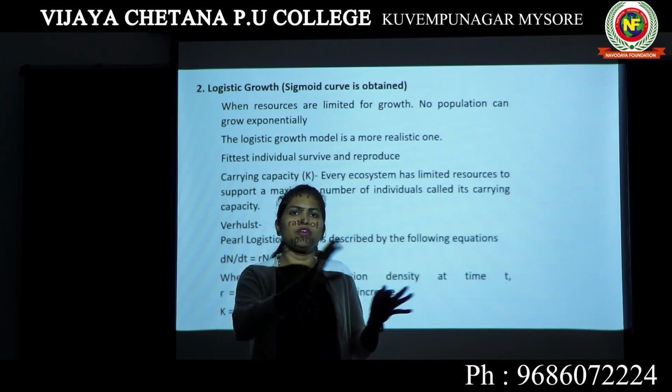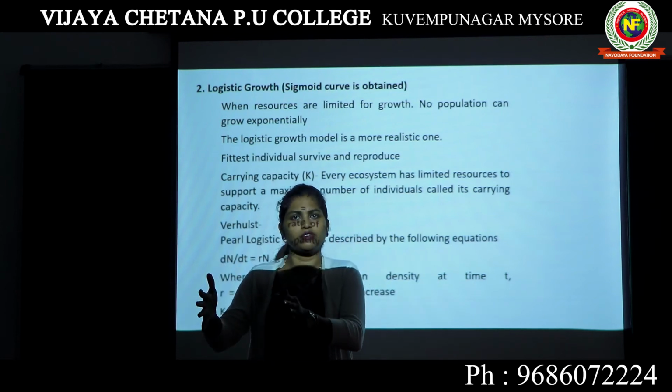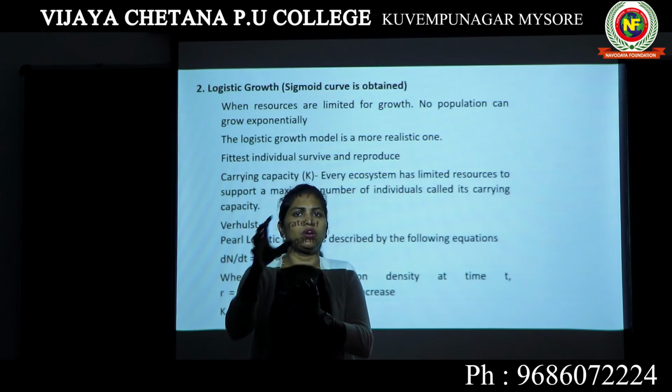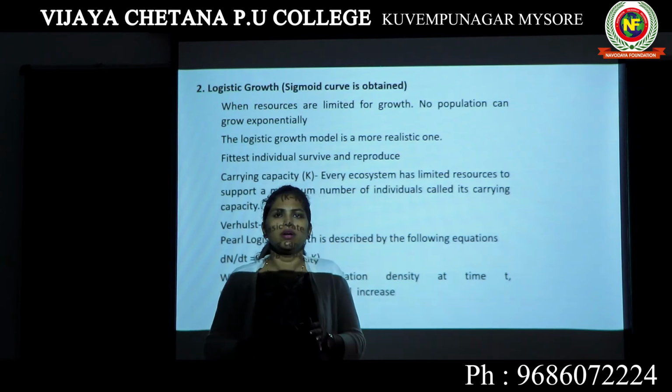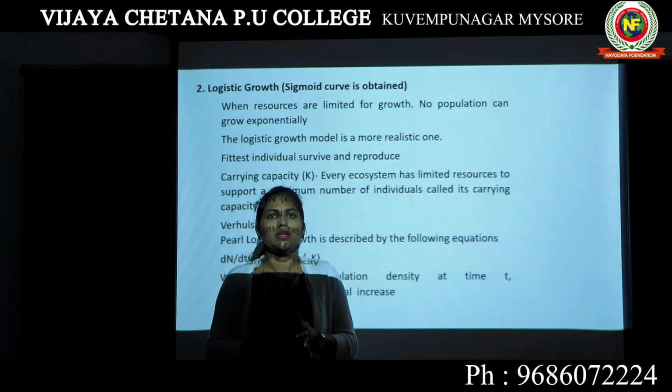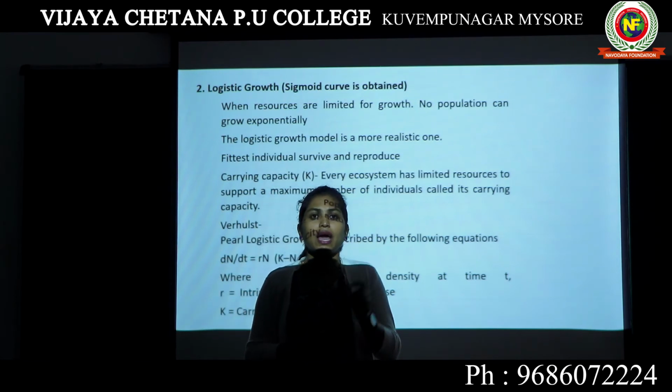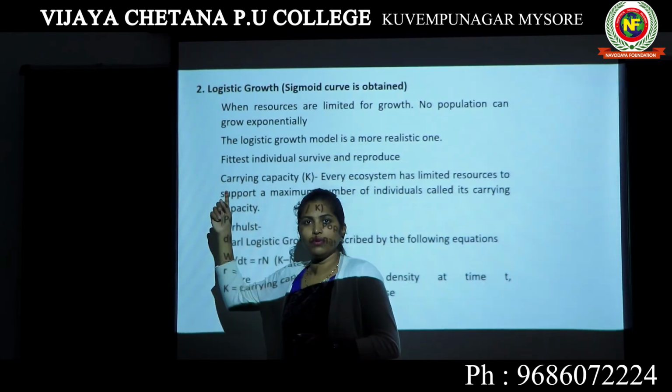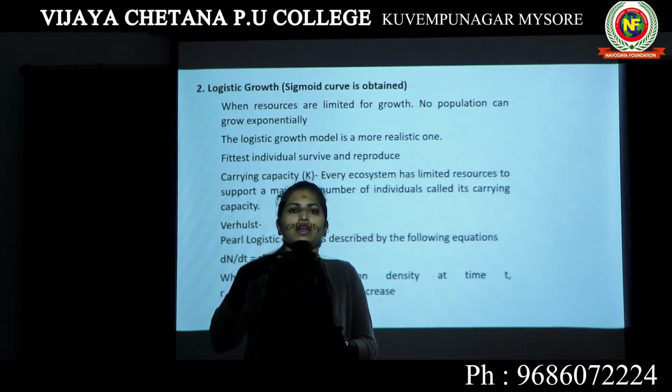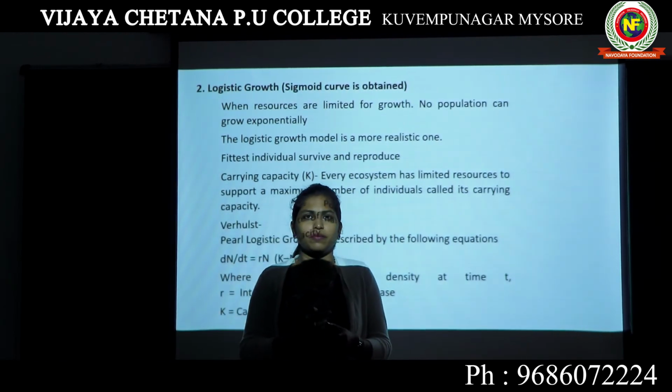If more number of individuals are coming for the same resource, then that particular ecosystem will not be able to take care of those new individuals. So every ecosystem has a carrying capacity. So it knows how many organisms it can carry inside the ecosystem.